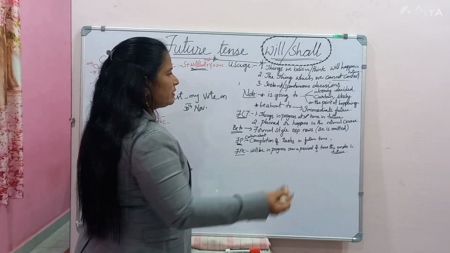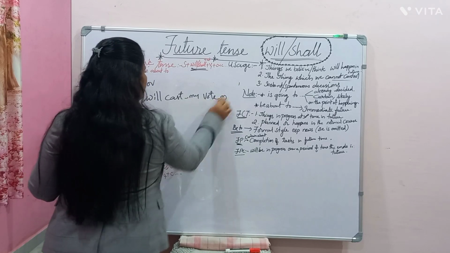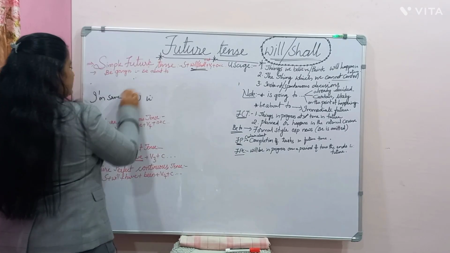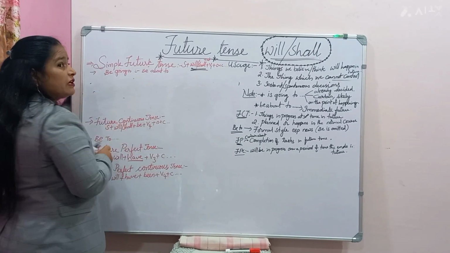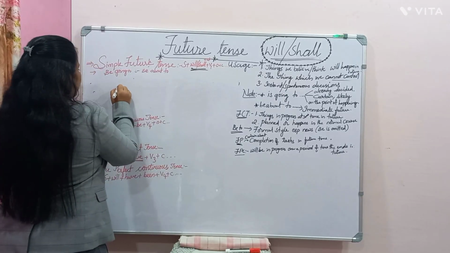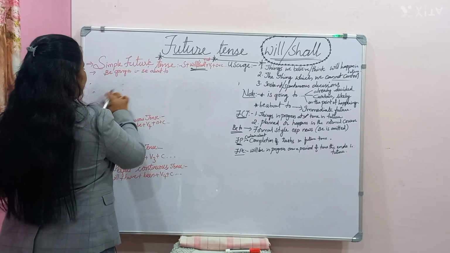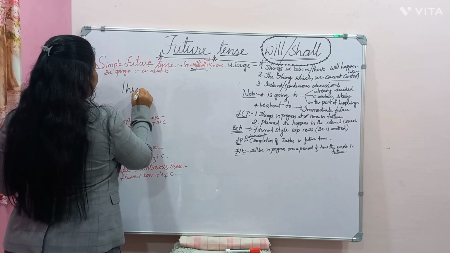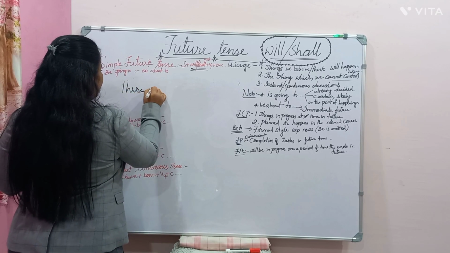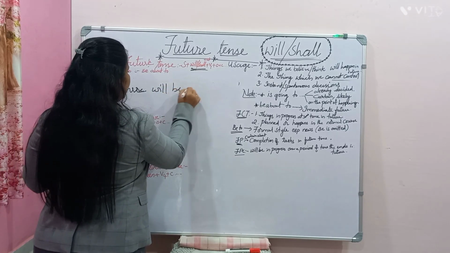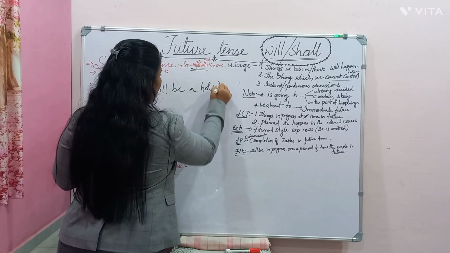Then what are the other things? For example, 25th of December. What is there on 25th of December? You tell me. There will be a holiday.